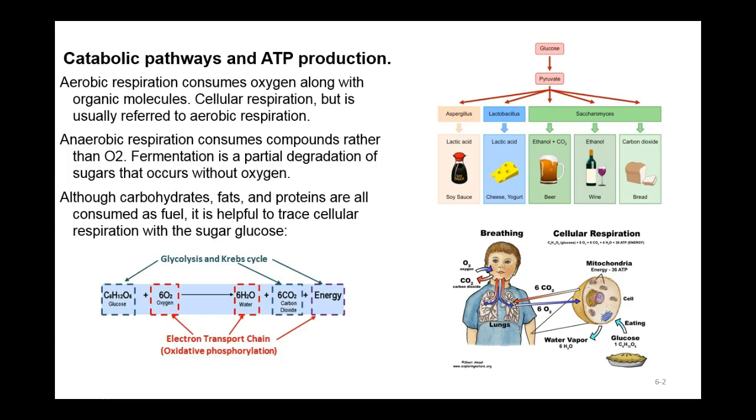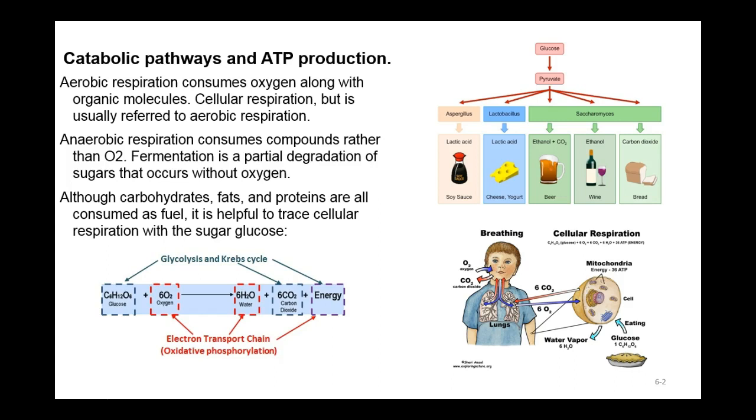We talked about, or I mentioned, and I will talk about, three processes. Glycolysis takes place in the cytoplasm. The Krebs cycle, which is also called the citric acid cycle or the TCA cycle. It has three names.